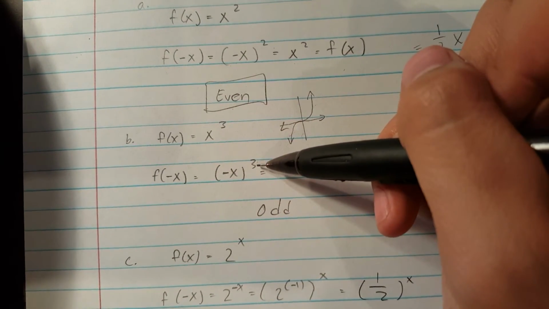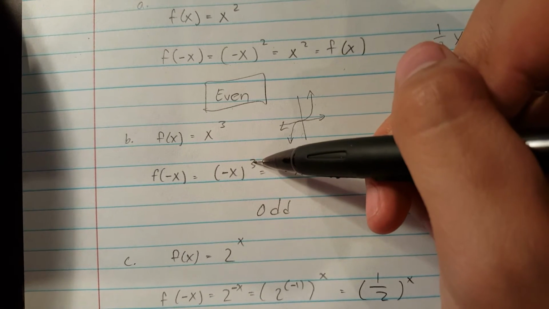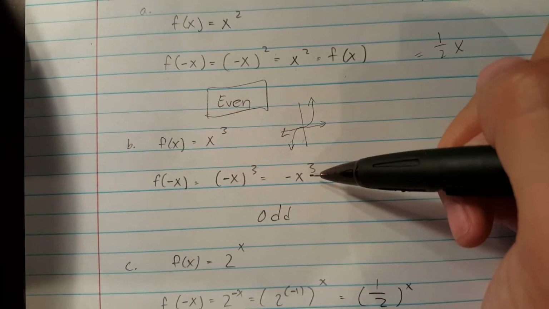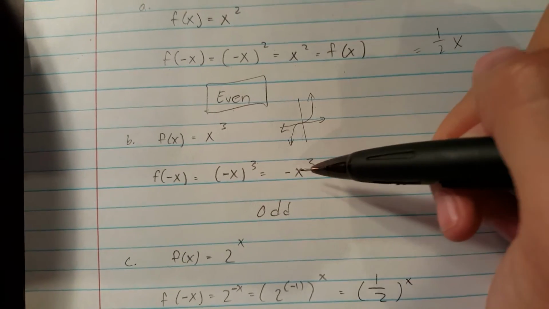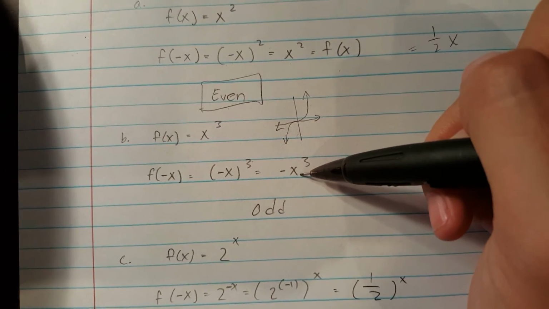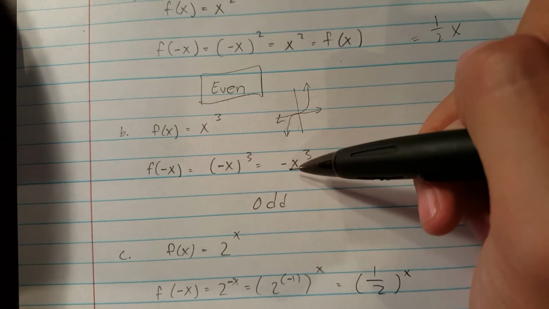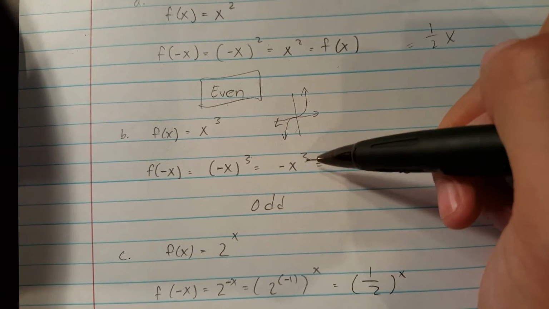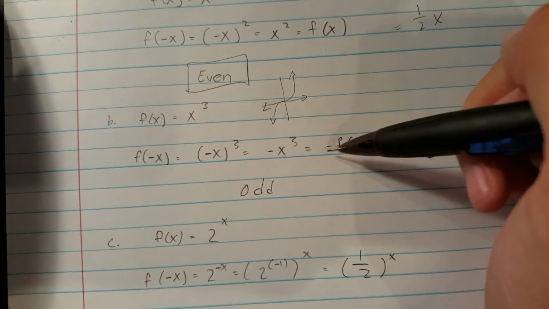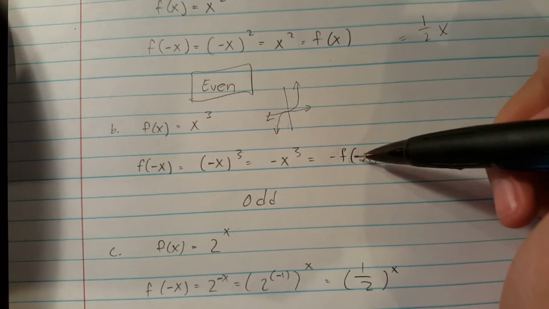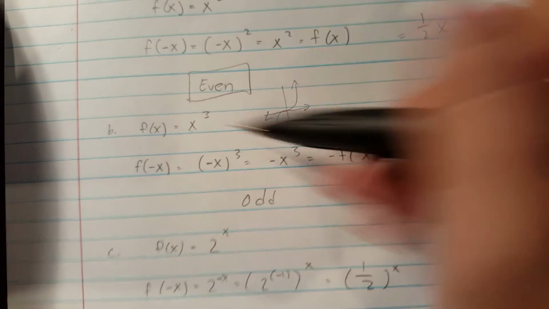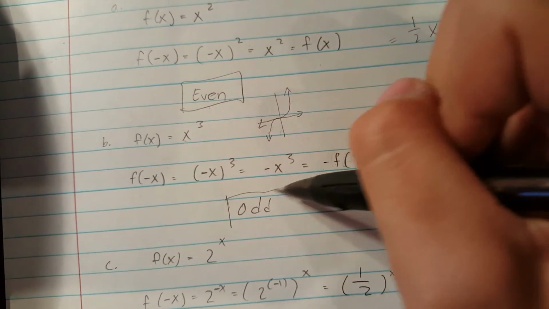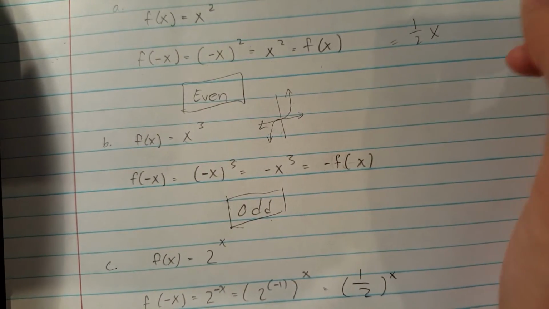Two negatives cancel out, but we still have an extra negative, which means it's going to be negative. Every negative that we plug into a cubed function always comes back out negative, which means we're left with negative f of x. So f of x is equal to negative f of x, which means our answer is an odd function.